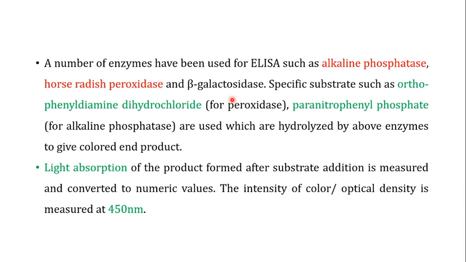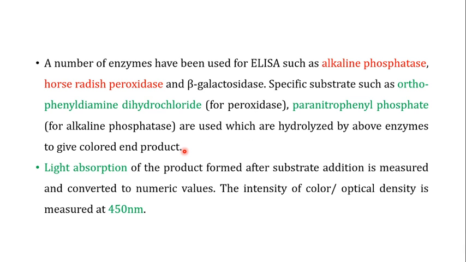If you talk about the specific substrates, ortho-phenylenediamine dihydrochloride acts as a substrate for a peroxidase enzyme like the horseradish peroxidase, and para-nitrophenyl phosphate is a substrate for the alkaline phosphatase. These substrates are hydrolyzed by the enzyme, and they give you the colored end product.